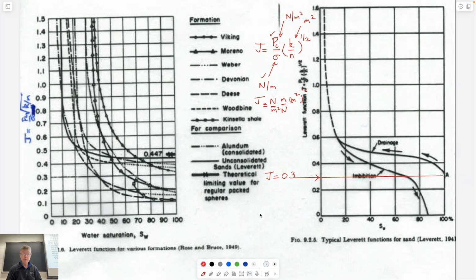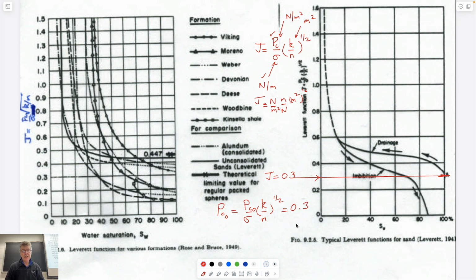So if you write this out as capillary pressure over surface tension, permeability and porosity to the power half, this is the capillary pressure. Then very specifically at this very important capillary pressure, at which the porous medium gets invaded, this at PC0 is equal to 0.3.